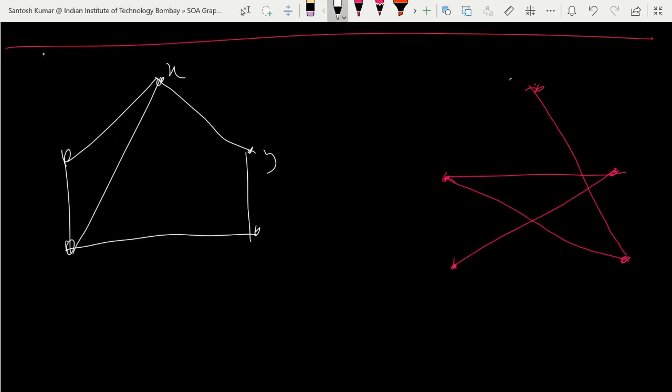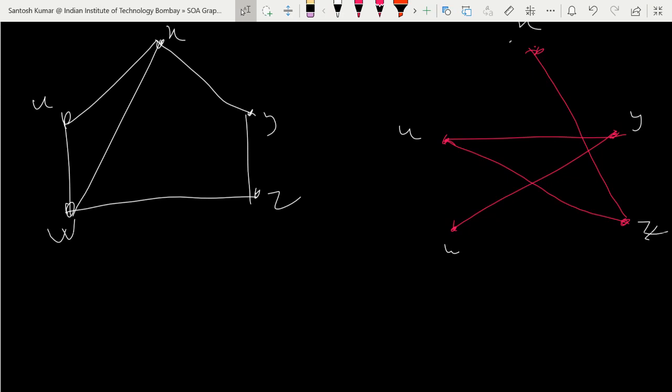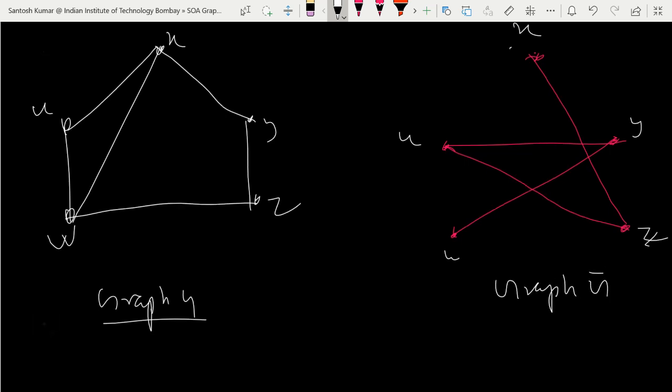So X, Y, Z, W, and U. Again X, Y, Z, W. I'm making it again, okay? So this is a graph G, and this is a graph G complement. So do you know the result?